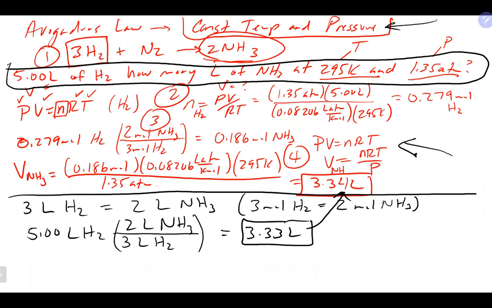Since they only gave us 1 temperature and 1 pressure, you could assume that's the temperature and pressure for everybody. It doesn't change. The other way would be they would just not give you a value and just say at constant temperature and pressure. But again, in this case, they really only gave us 1 temperature and pressure value.